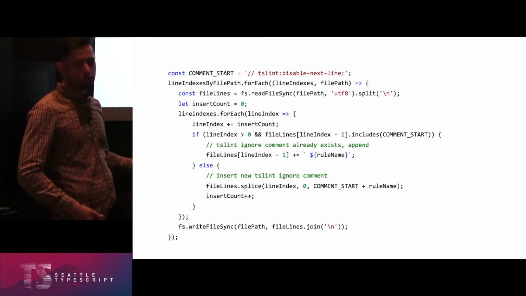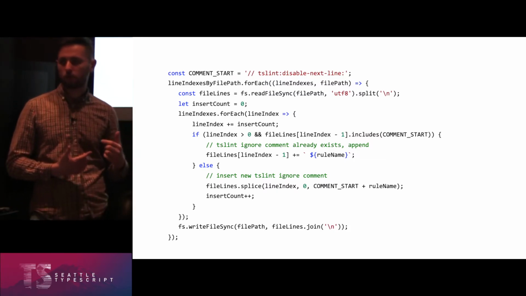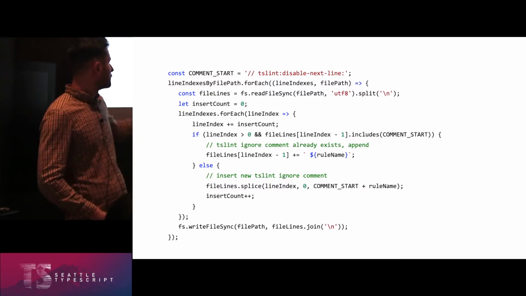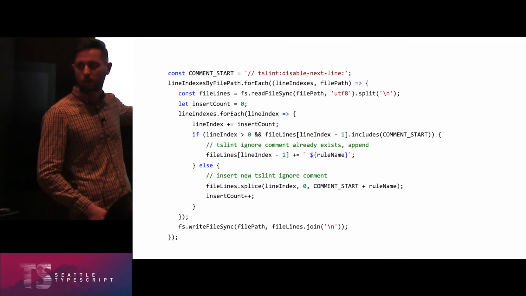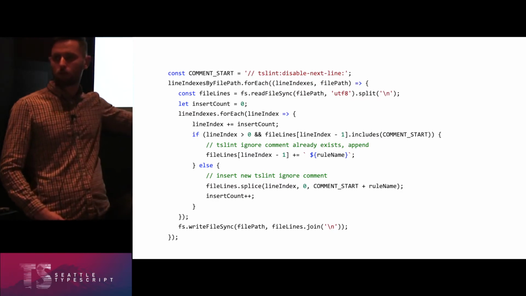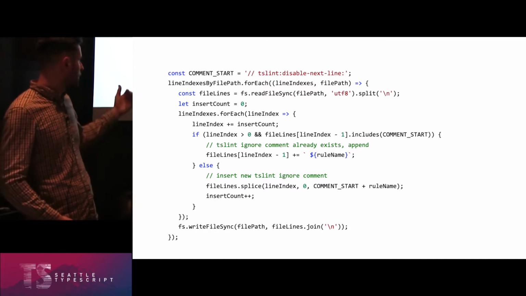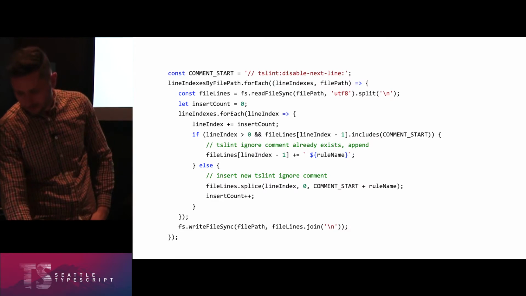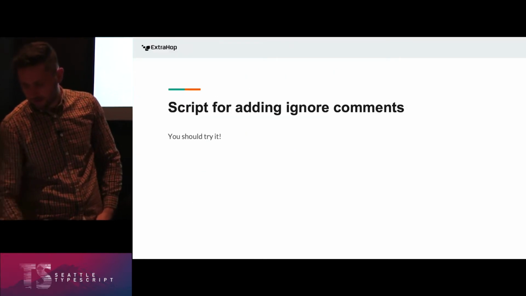And you could have multiple rules being disabled for the same line, obviously. And if there are already some disable comments on there, then you want to add the new rule as well. But if it's new, then it'll be the bottom case. So that's kind of how the script works.